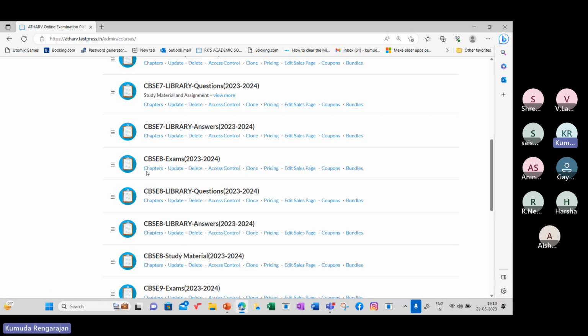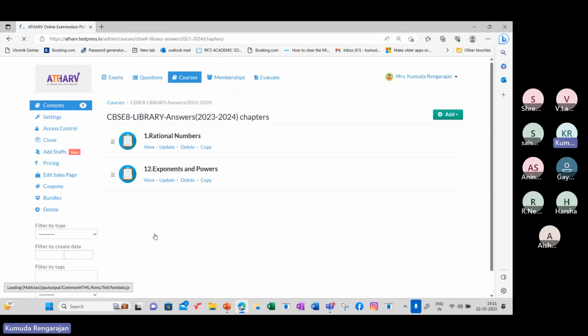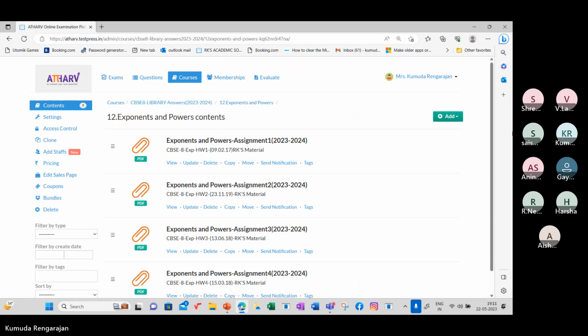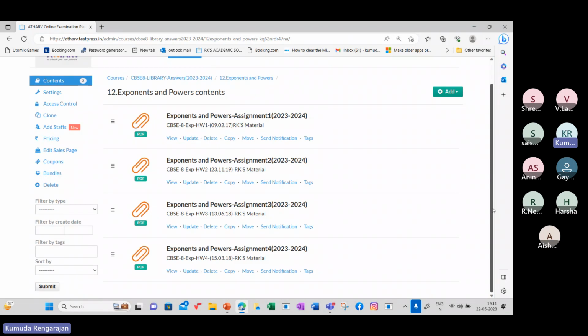You can see only these four: CBSE-VIII exams, library questions, library answers, and study material. So in library answers, I just uploaded the answers to all the four homework given on exponents.